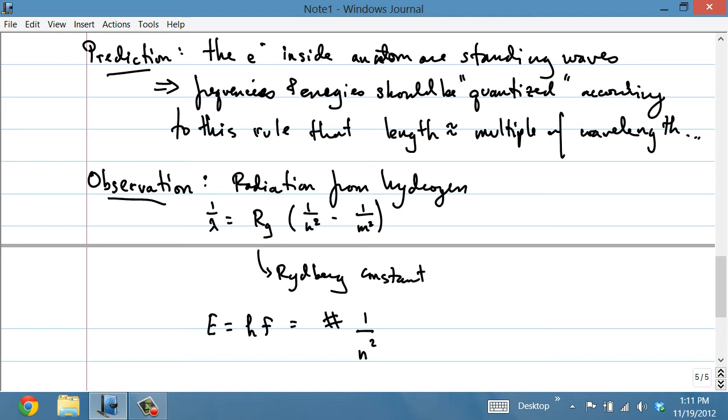And if the radiation from hydrogen or for some other atom comes because the electron is making transitions between these different energy levels, then that means that the frequency should be equal to some differences between some discrete energy levels. And indeed, it was phenomenologically observed in the early part of the 20th century that that is precisely what the structure of the spectrum of hydrogen looks like.